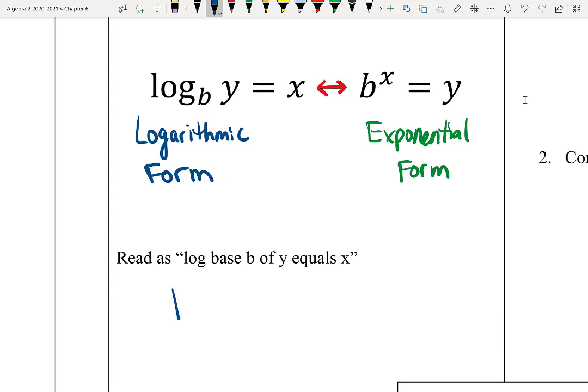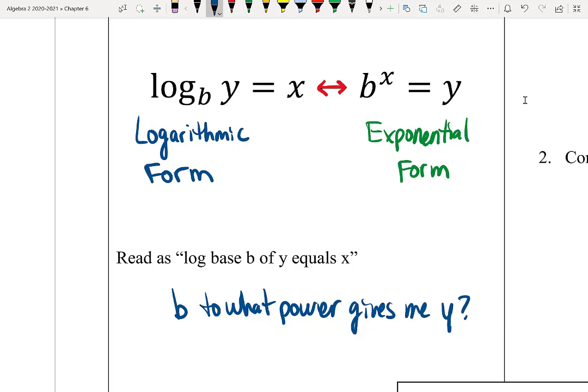B to what power gives me y? And that's what we're trying to evaluate. Eventually, when we get to the problems in box 3, we're actually evaluating these. We might not necessarily know what this thing is over here. We're just given our log base b of y, and we're trying to figure out what my exponent could be to give me that answer.